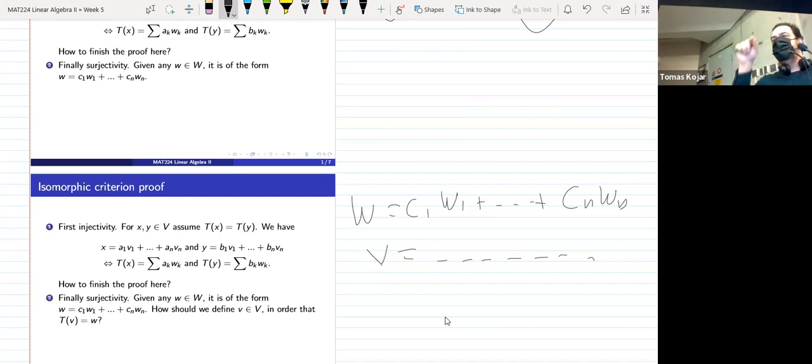You can just say what the coefficients will be. What are the coefficients? a1, what is a1? Elizabeth, what is a1?